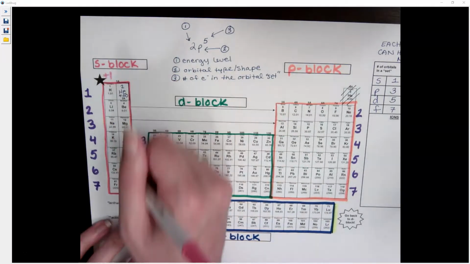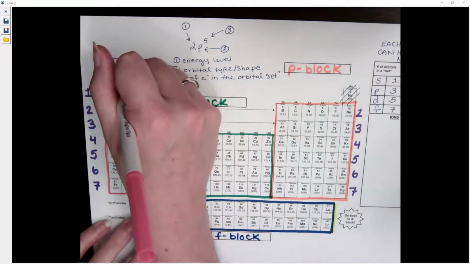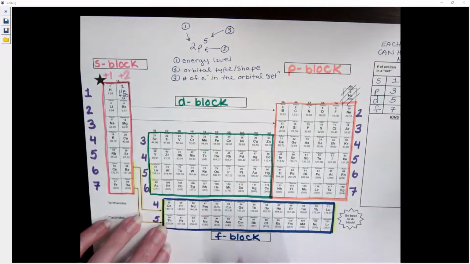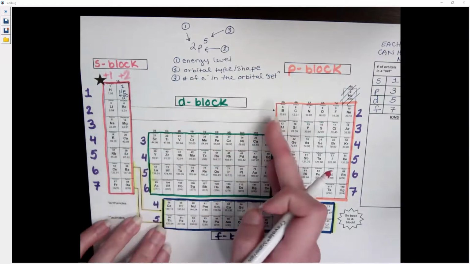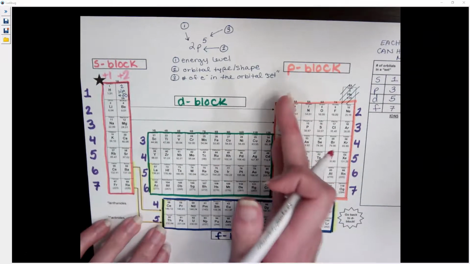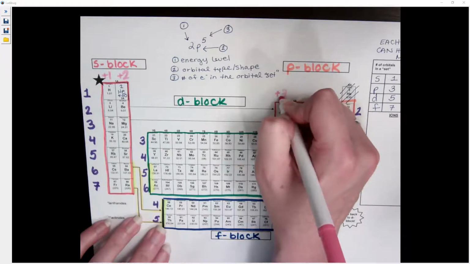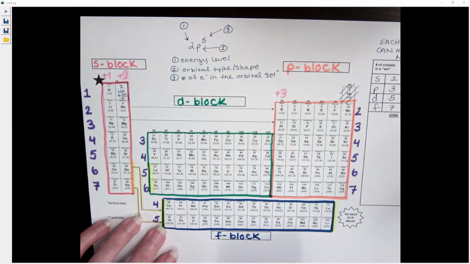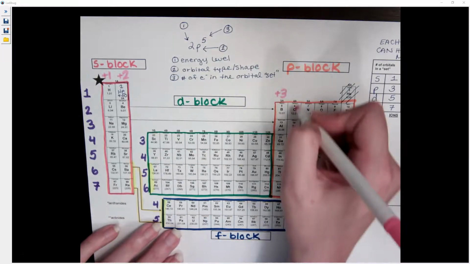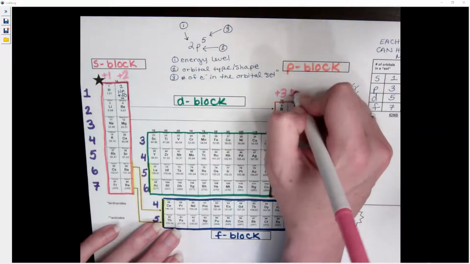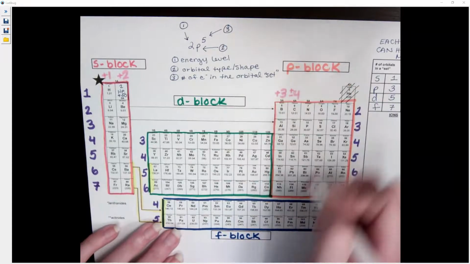Everything in this second column likes to make a +2 charge. We're going to skip the D block. We're going to come over here. Everything in this column likes to make a +3 charge. The carbon column is a little weird. It makes a + or -4 charge.